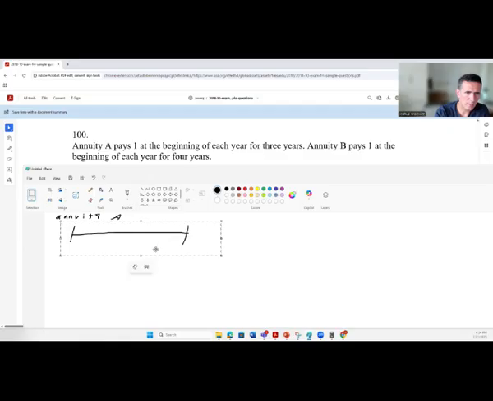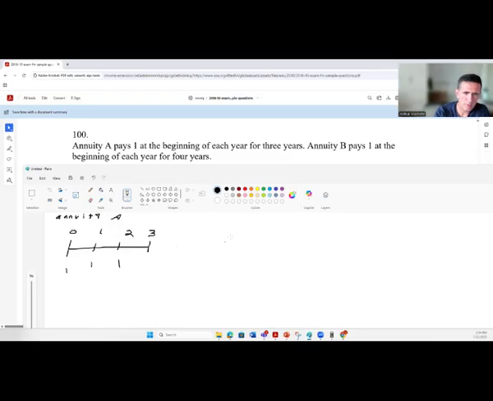So 0, payments at the beginning of each year for the first 3 years, 1, 2, 3 here. Okay, so 1, 1, 1.